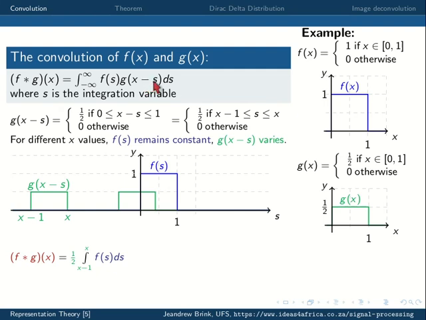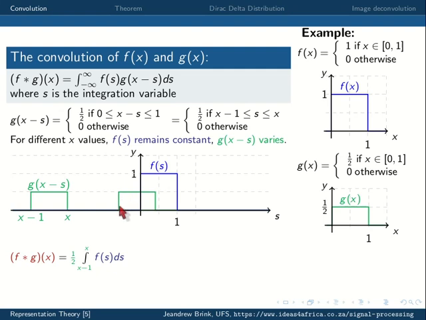But we now see that g is non-zero only where s lies between x and x minus 1. So we can say that this integral is equivalent to a half, because g is a half, times the integral between x and x minus 1 of f of s. And so if x lies over here so that x and x minus 1 don't overlap with f of s, the integral is 0.